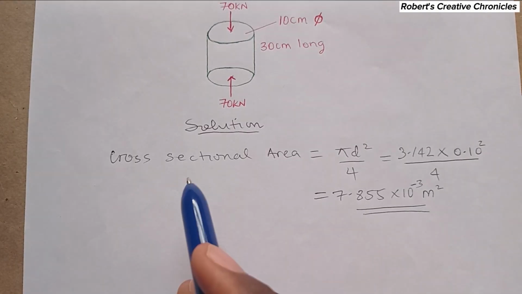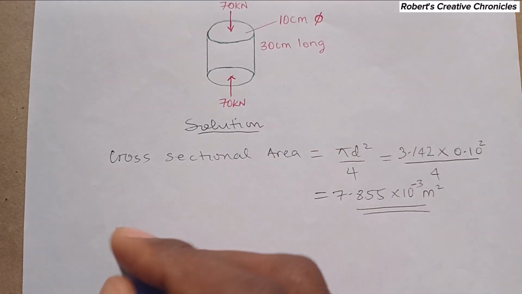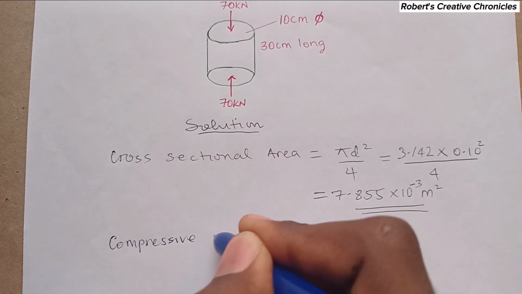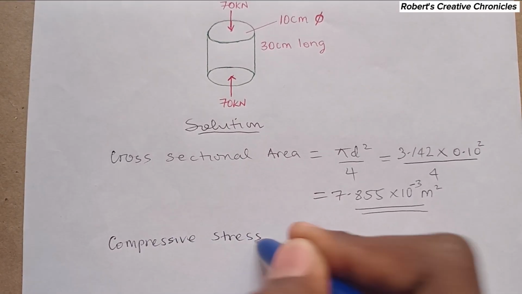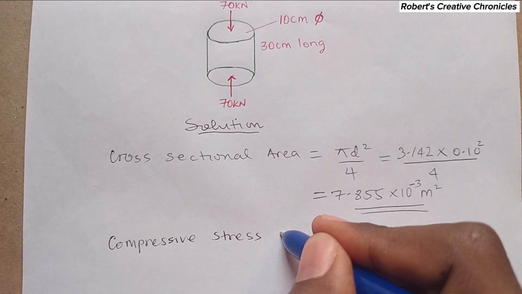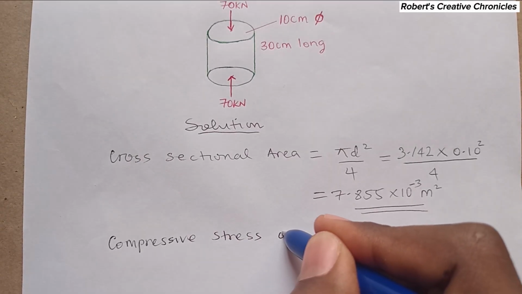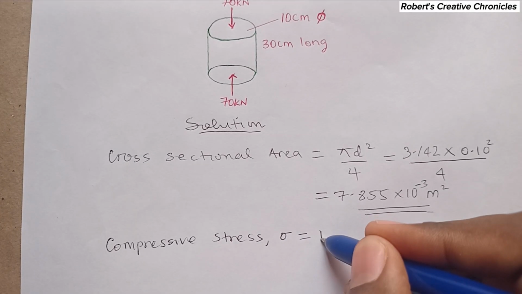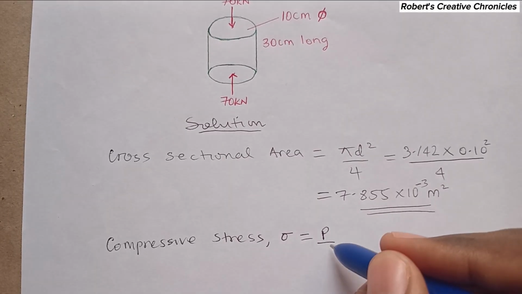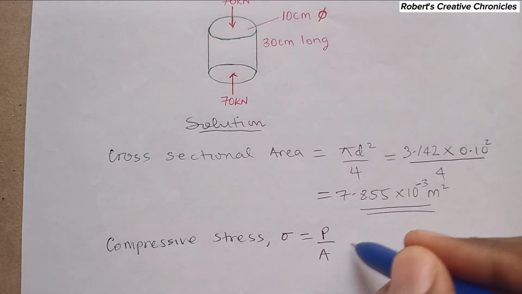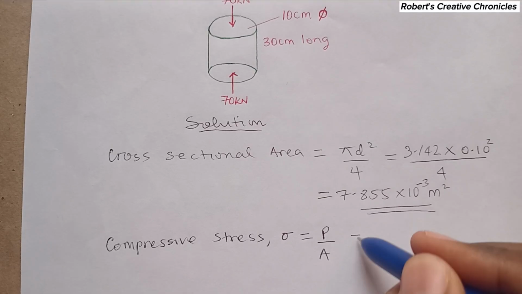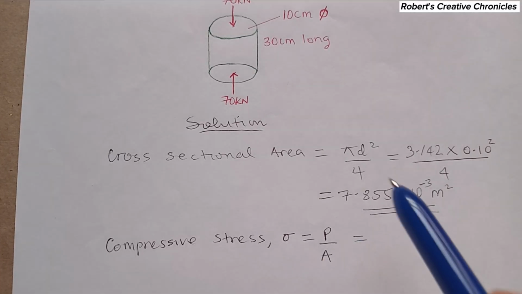So now we're going to find the compressive stress. So compressive stress, which is given by this, is equal to the load or the force over the area. So what's the force?